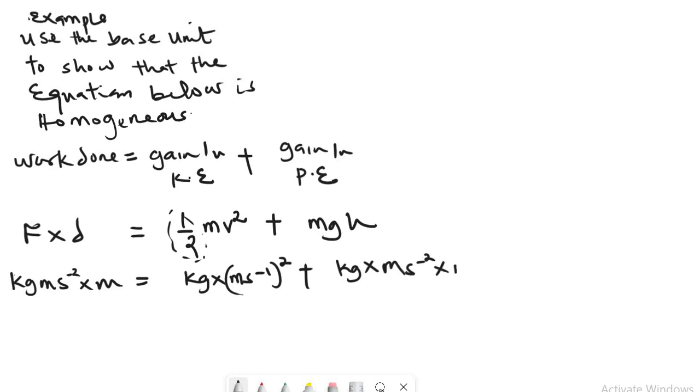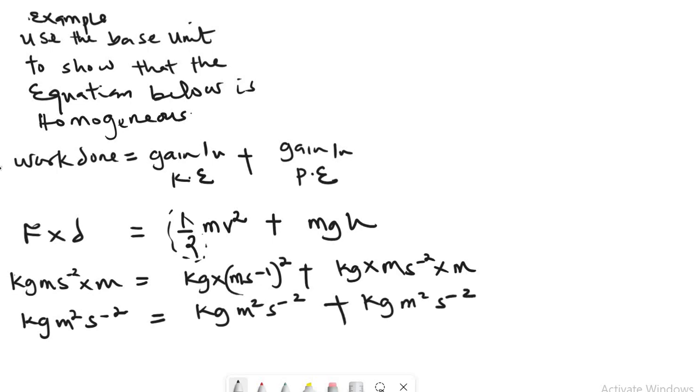Height is like length, meter. At the end of the day, we have here kilogram meter square s minus 2. Here we have kilogram meter square s minus 2. And also here we have kilogram meter square s minus 2. Yes, this side, this side, this side are the same.